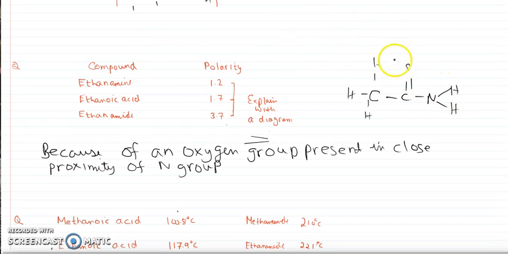This oxygen group has some influence on the nitrogen as well, pulling the electrons away from hydrogen, thereby leaving it with a greater partial negative charge and giving nitrogen a greater partial positive charge. As a result, you have a stronger hydrogen bond and thereby a stronger polarity. Okay, we'll stop here and we'll continue next time.